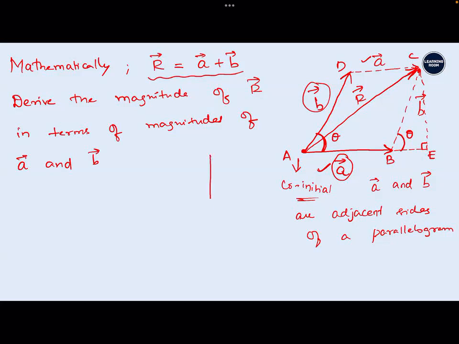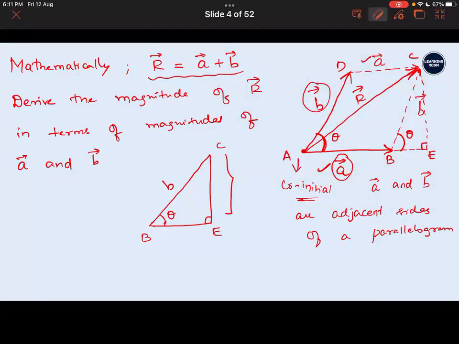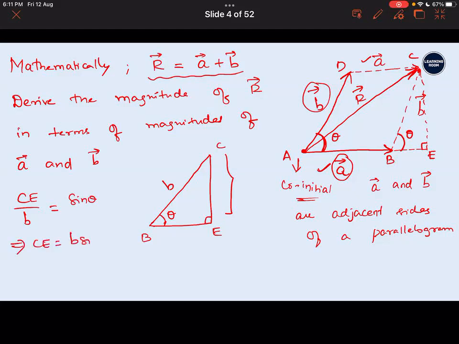Now, if I take a separate diagram for BEC, which is a right angle triangle having an angle theta at point B and 90 degrees at point E, and BC being equal to B, because the magnitude of B vector is B. Now I will use trigonometry by writing CE divided by B is equal to sine theta, because it is opposite divided by hypotenuse, which implies CE is equal to B times sine theta, and let me call this equation number 1.